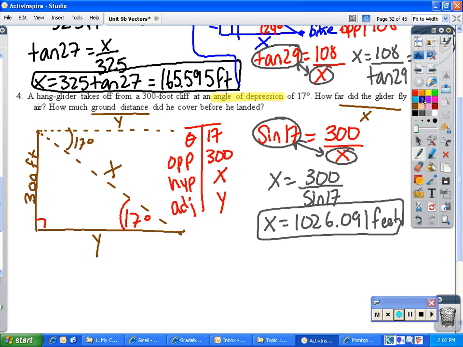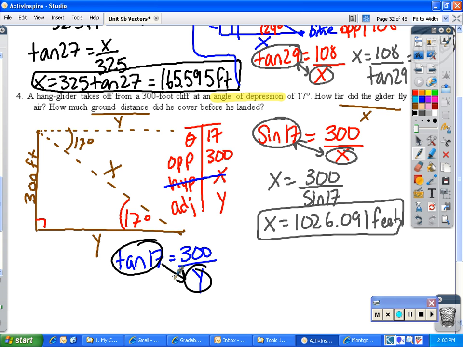Okay, now let's talk about how far his ground distance is. We're trying to solve for y. So now I can almost ignore this for a second. I have an angle, opposite and adjacent. Our old friend tan. So tan of angle 17 equals opposite, 300, over adjacent, that's y. We're going to do the same thing we just did. We're going to switch these two terms.